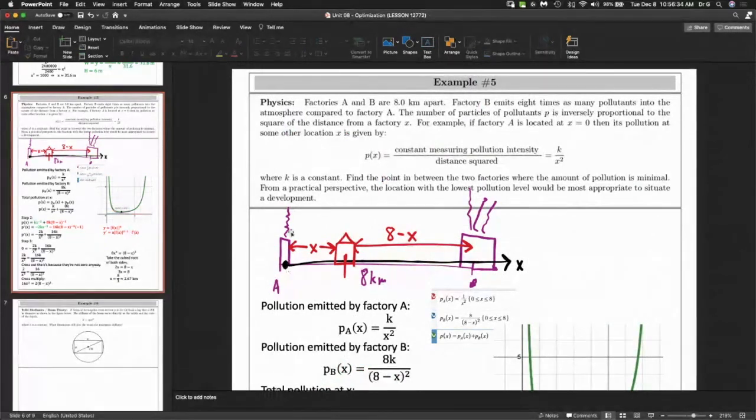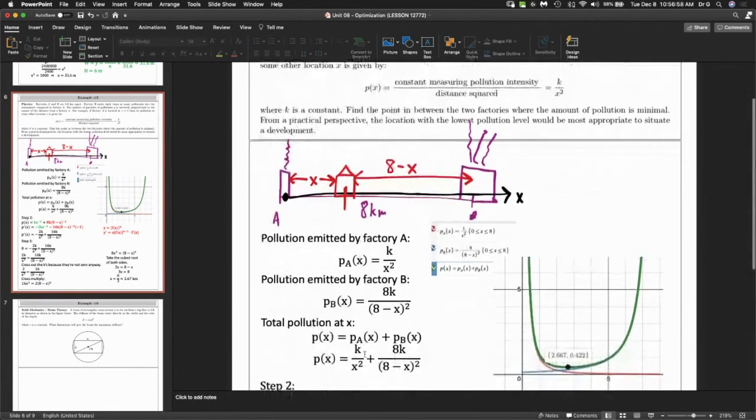So what that means is that factory A is going to have this diminishing type amount of pollution, and so will factory B. But because factory A and factory B are polluting at different amounts, in other words, factory B is 8 times as much, you need to set up the relationship for the pollution for each of the factories separately, and then add them together to get a total contribution of how much the pollution is.